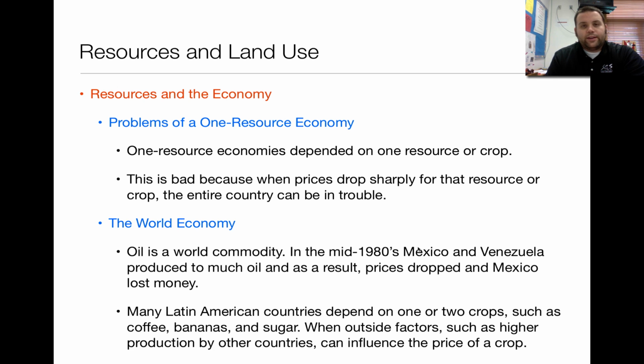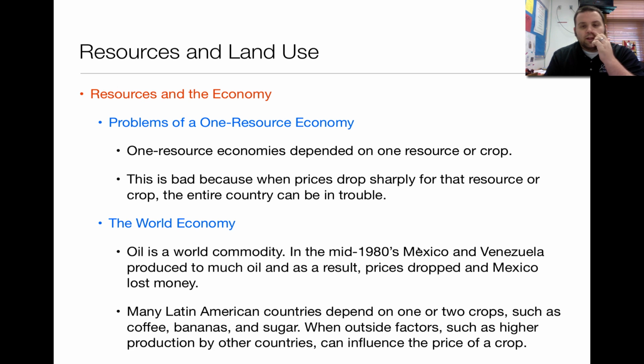What makes this really bad is that if the price for it drops, then they have no other way to support the income for that economy, which means that a whole economy, a whole country, could crash because they're so dependent on one resource. That happened all throughout Latin America because they had gotten so good at making one product that they didn't try to diversify their economy or make it so that there was more than one industry supporting their economy.